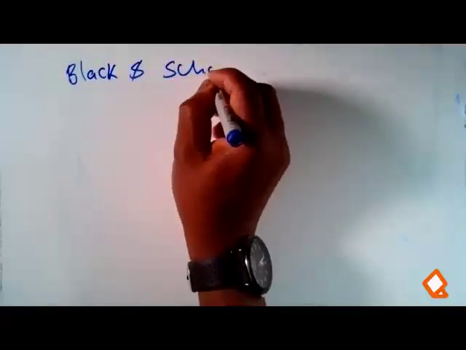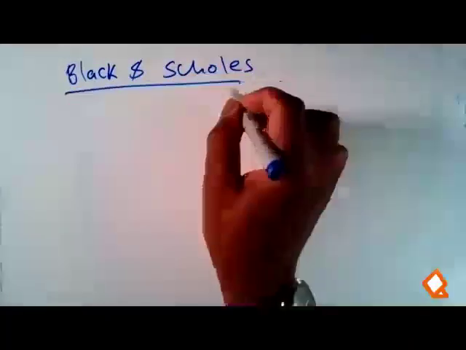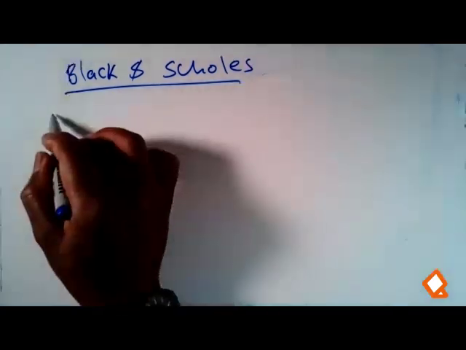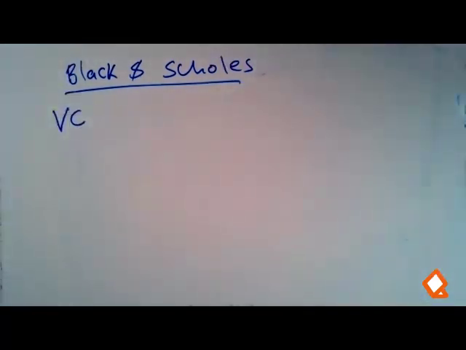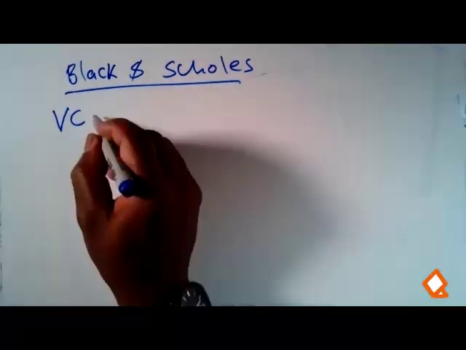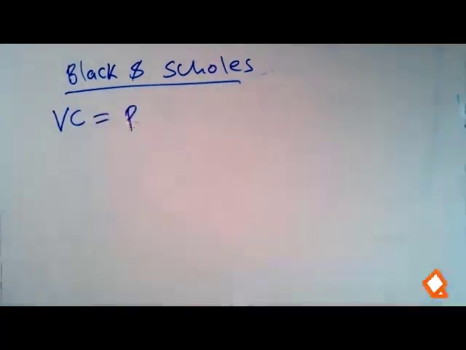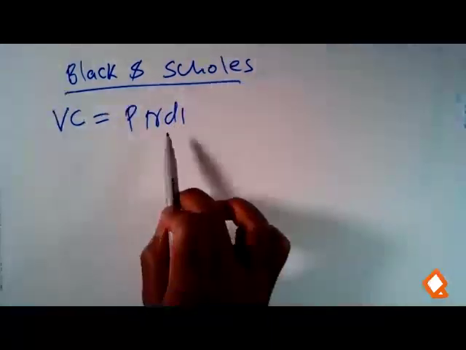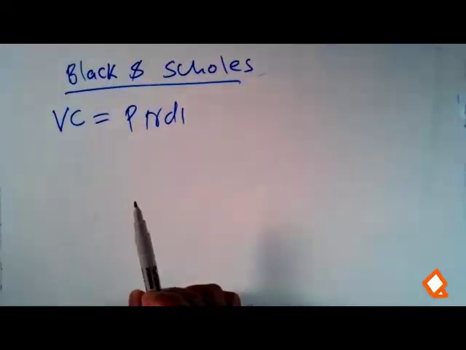Black-Scholes is one of the major methods used when valuing derivatives or options. In Black-Scholes, we have a series of formulas. How do we get the value of the call? To get the value of the call, you take P, where P is the market price per share, the spot price, times N(d1). N means the normal distribution.